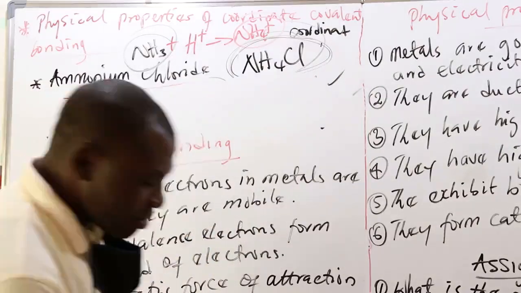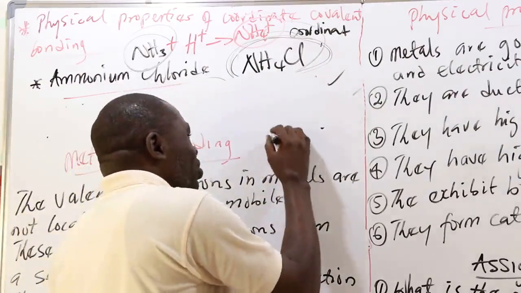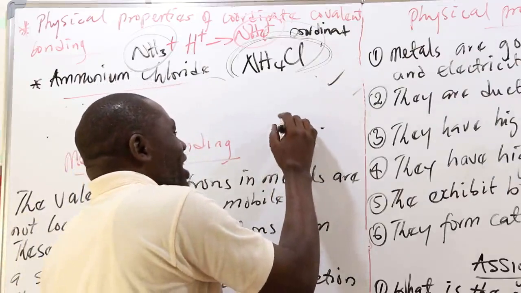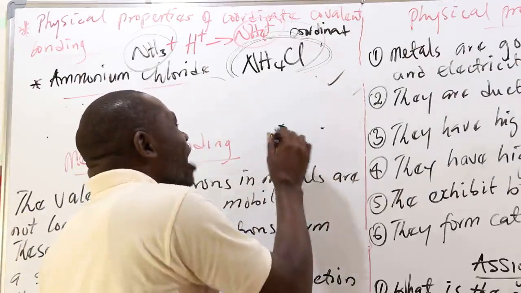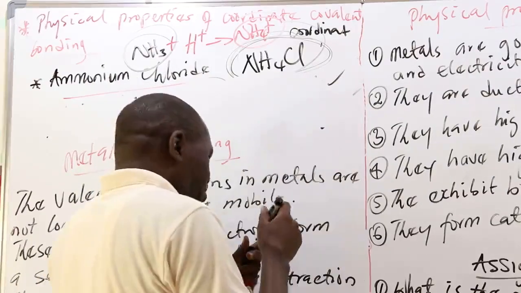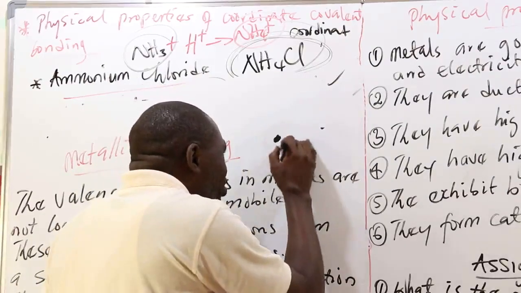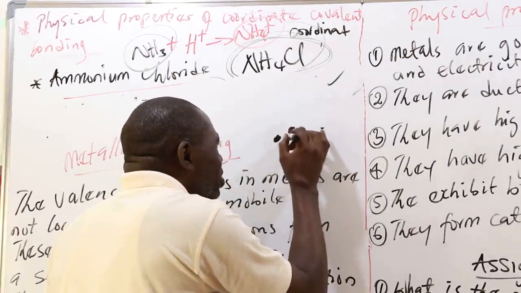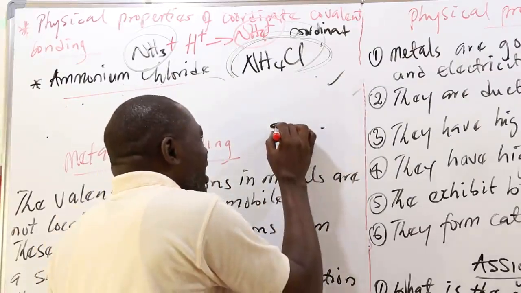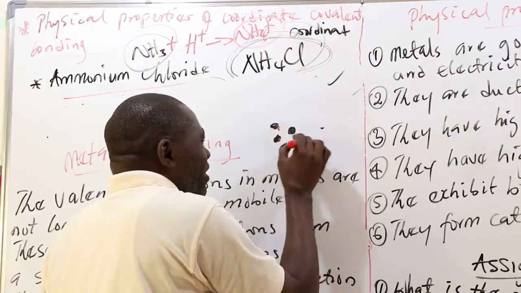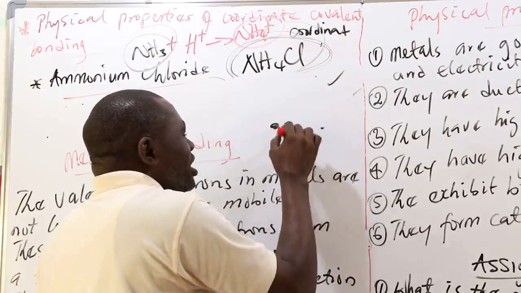Okay, like metals of group 1, sodium, all of them have 1 electron in their outer shell. Okay, so when you have a lot of atoms of sodium, each of them will now have the valence electrons, the outer electrons, all there.